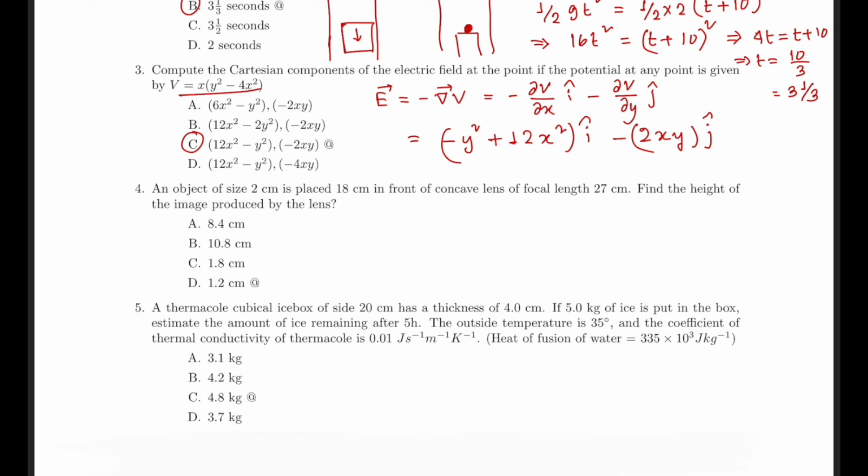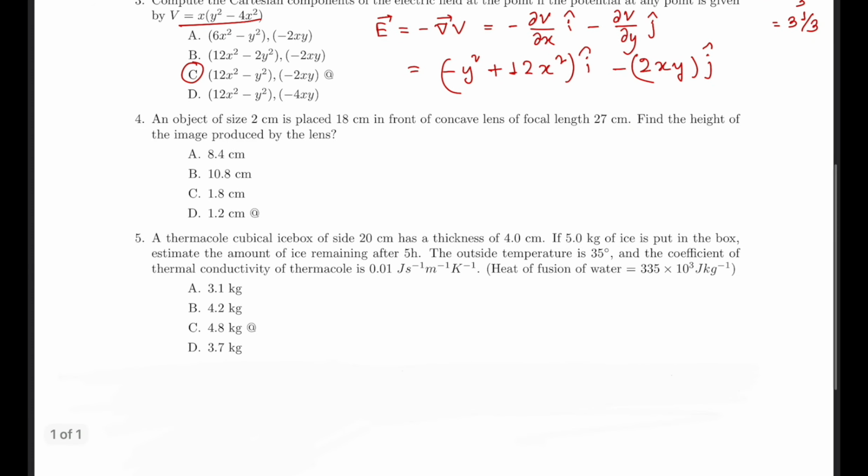The fourth question says an object of size 2 cm is placed 18 cm in front of a concave lens which has a focal length of 27 cm. Find the height of the image produced by the lens. As we know, the magnification is defined as the image distance divided by the object distance.